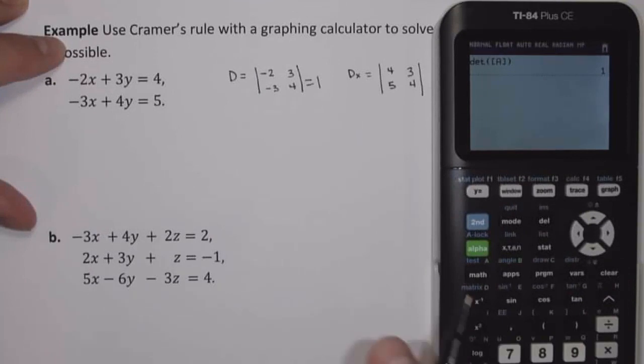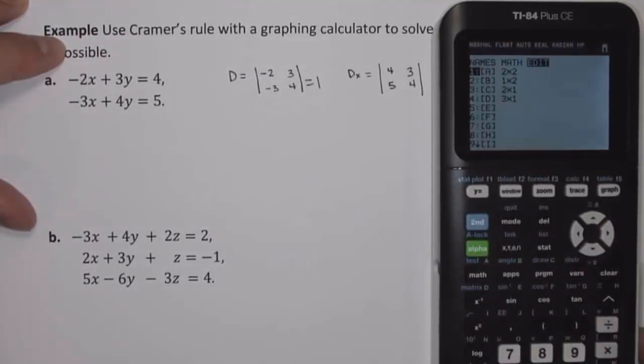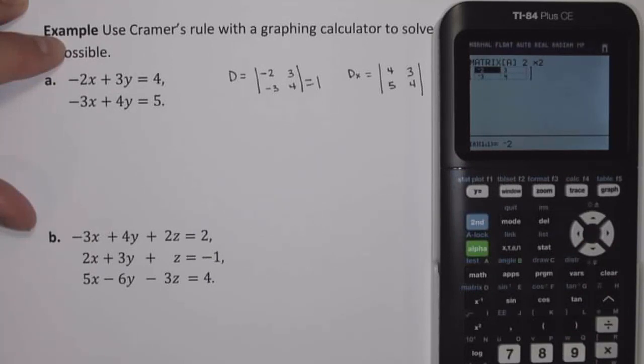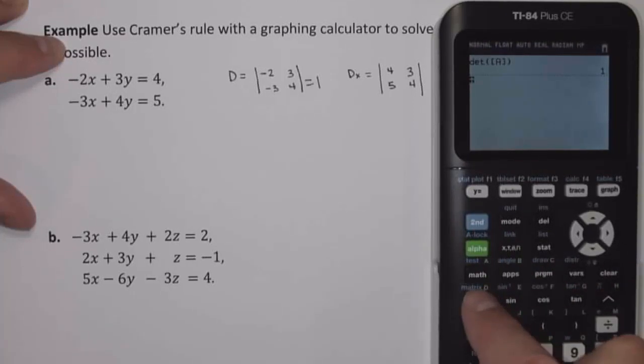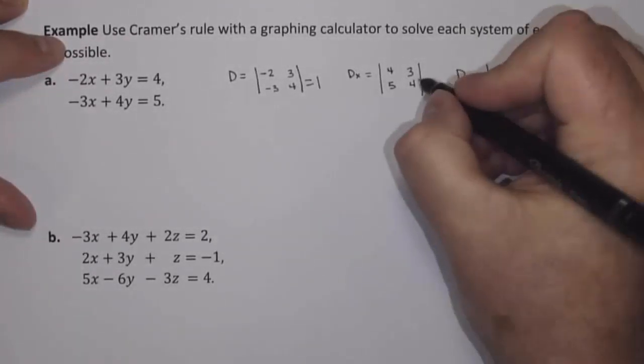Now I'm going to do the same thing for the dx determinant. So I'm going to go to Matrix, Edit, choose matrix A, and in this case I have 4 and 5 in place of the -2 and -3. So I've just edited that. Second quit. If I go to Matrix, Math, Determinant, Matrix A, so that gives me a result of 1 as well.